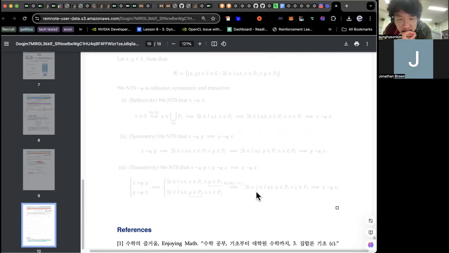I don't think that should be 'some i'; I think that should just be i equals j, because 'some i' does not make sense. Then X is in P_i and Z is in P_i, so we can say X is related to Z.